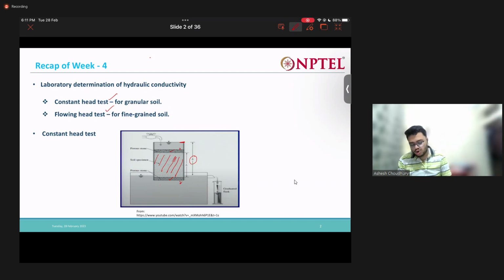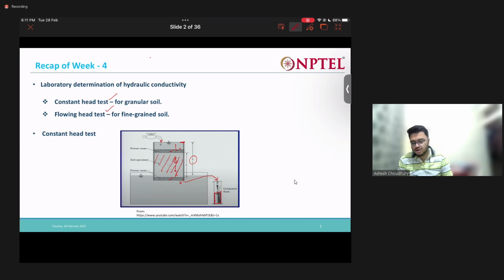Soil is there, and here there is a constant water supply, so that the head is maintained at small h. The head does not reduce. Water will enter through the soil and come out through here. The extra amount of water is collected here.